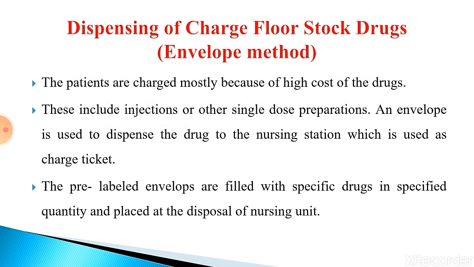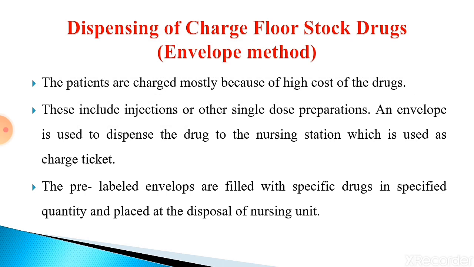In this system, the pharmacist fills pre-filled envelopes with the needed drugs and places a predetermined quantity on the nursing ward. At the time of administration, the nurse writes the name and room number of the patient on the envelope and puts it in her out basket.